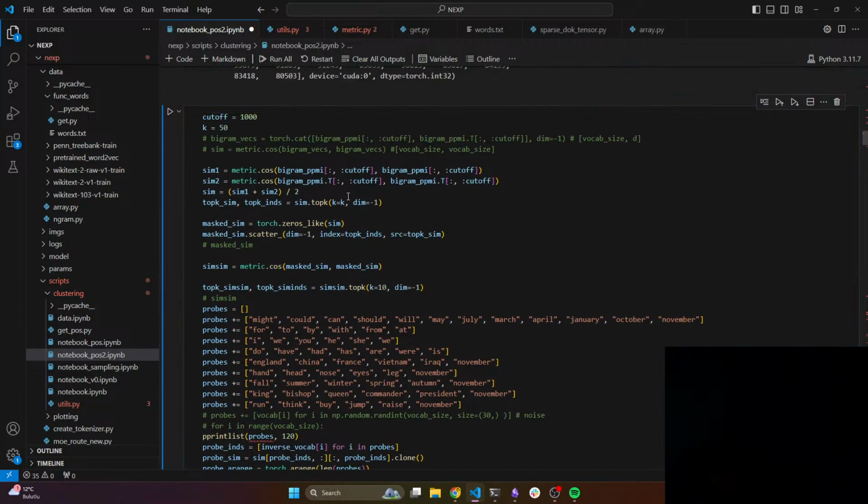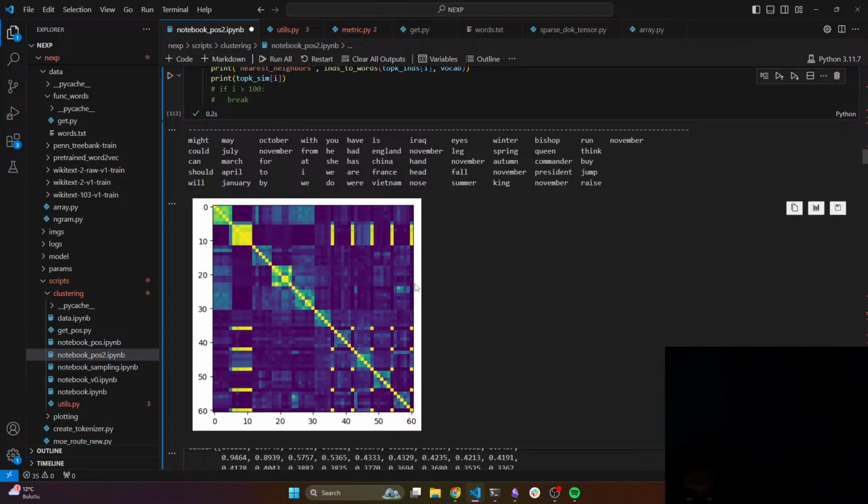Now if I increase this back to 1,000, now these words are self-clusters, not so much with others, right? Now, yeah, I can't tell. This is pretty vague.